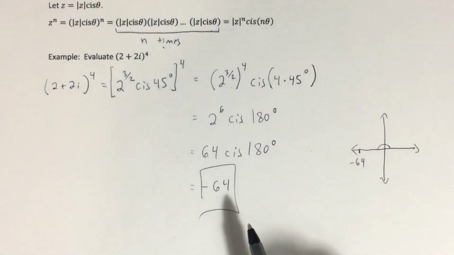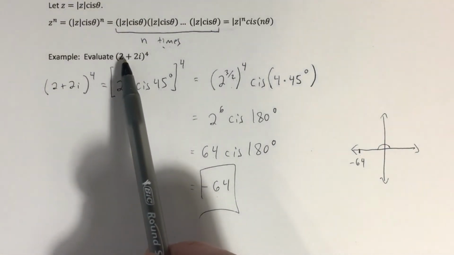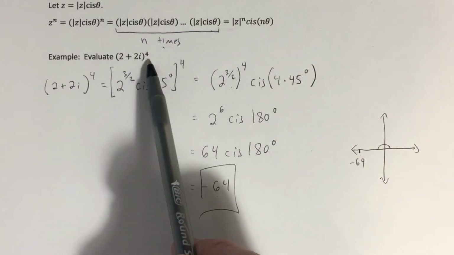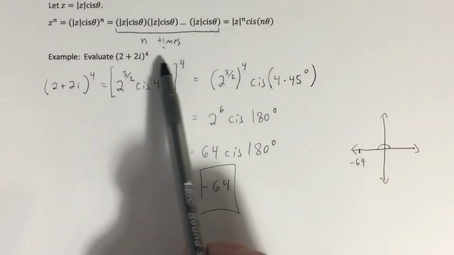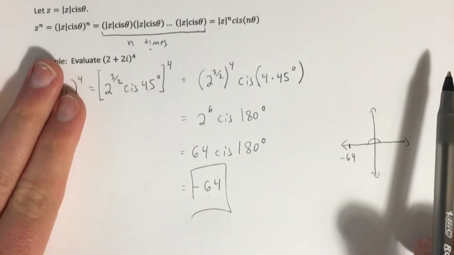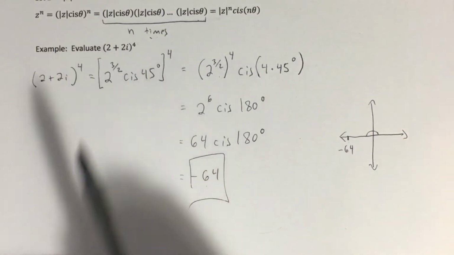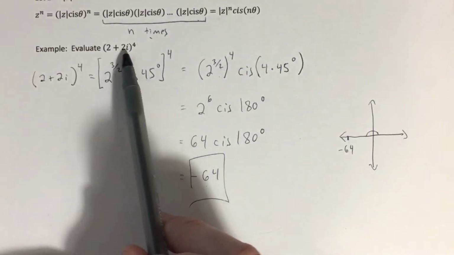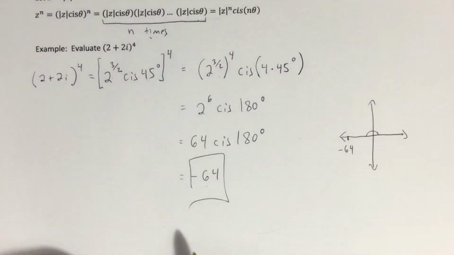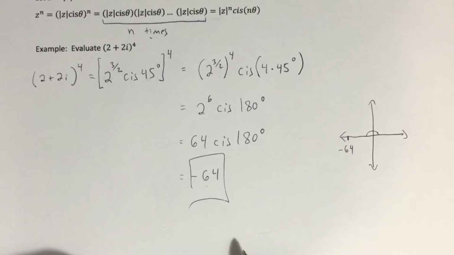Now, there's a convention that we follow in problems like this. The original problem gave us a complex number that was in rectangular form. Unless the problem specifically says to leave your answer in polar form like this one did, the convention is to make sure your answer takes the same form as whatever you were given in the problem. So if this is in rectangular form, I want my answer to be in rectangular form, which means I need to do the extra step of converting this to rectangular form.